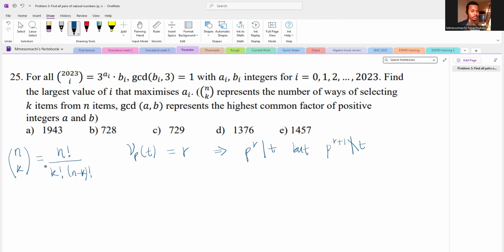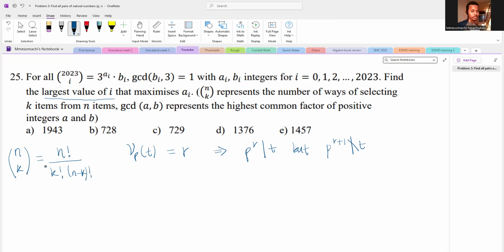So basically, we're looking for the highest prime power dividing the number. Before we talk of the largest value of i, this is interesting: it means there could be more than one possible value of i that gives us a maximum, but we want the largest value of i that maximizes this a_i.